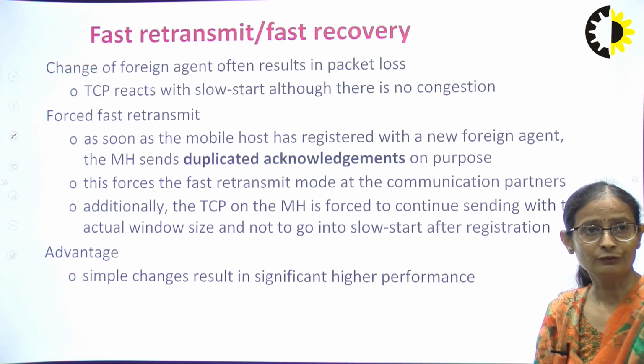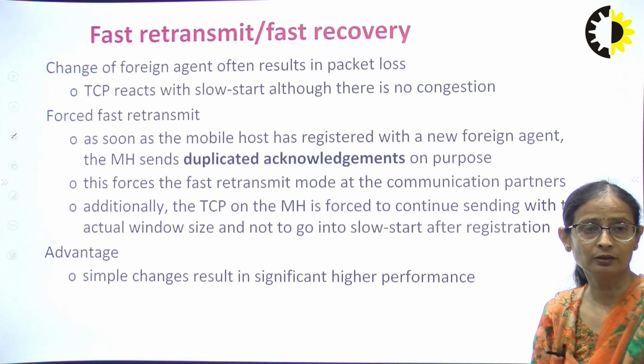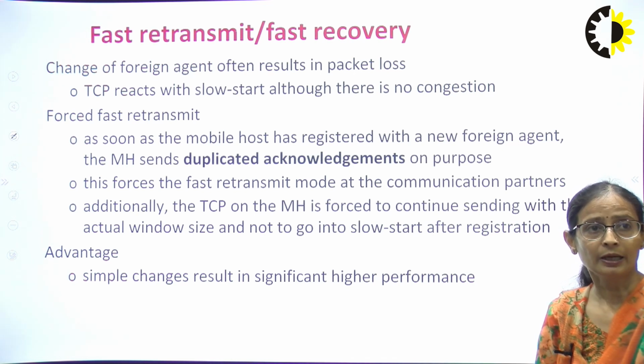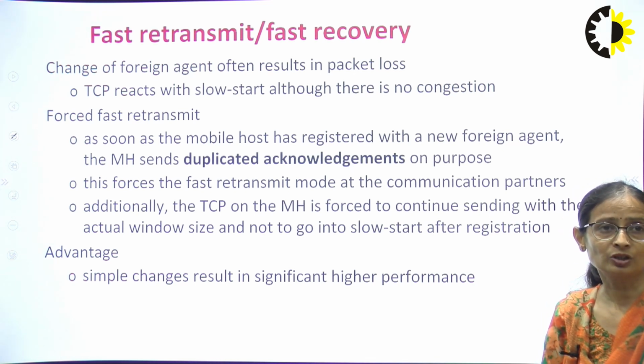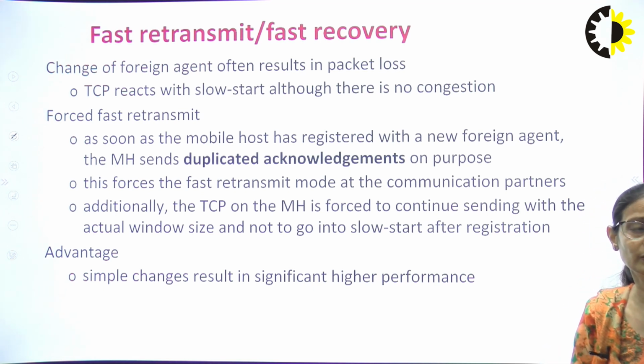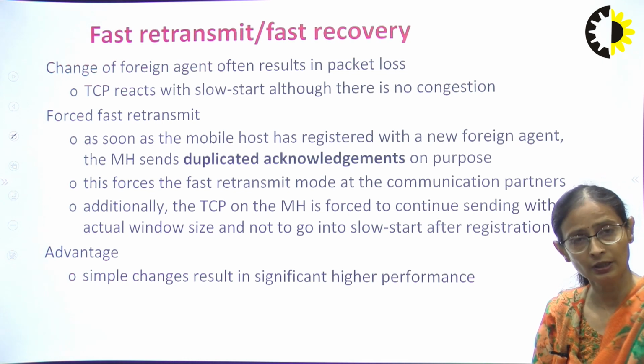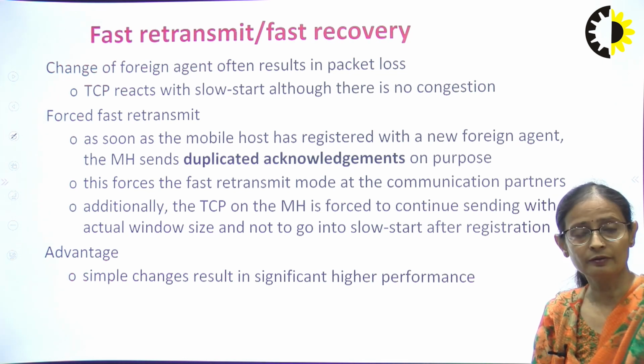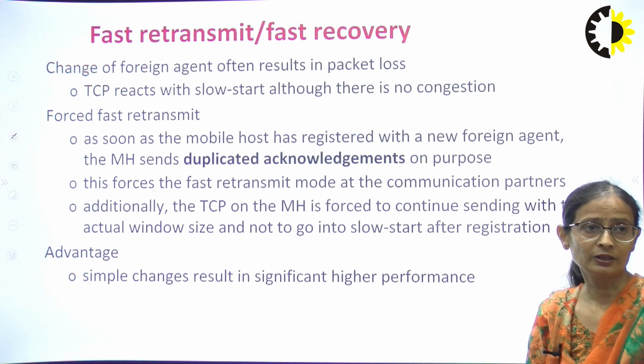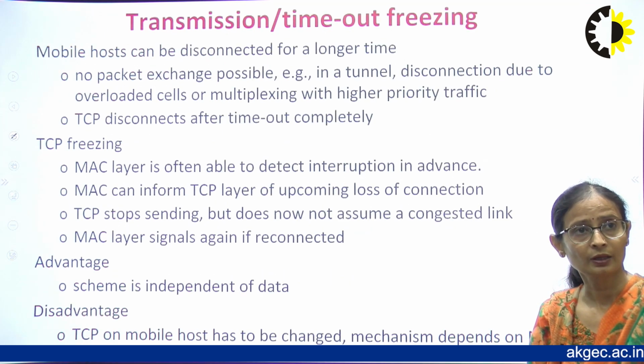This forces the fast retransmit mode at the communication partners. Additionally, the TCP on the MH is forced to continue sending with the actual window size and not to go into slow start after registration. What are the advantages? Simple changes result in significantly higher performance.